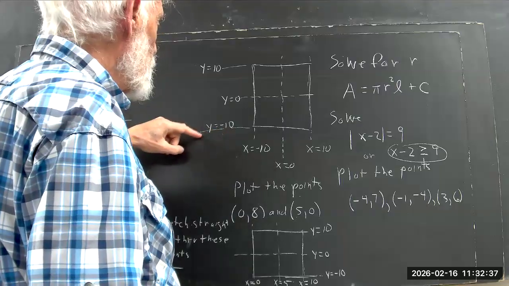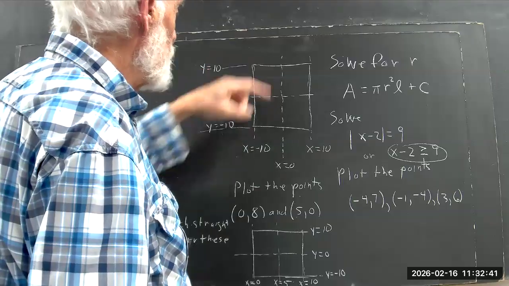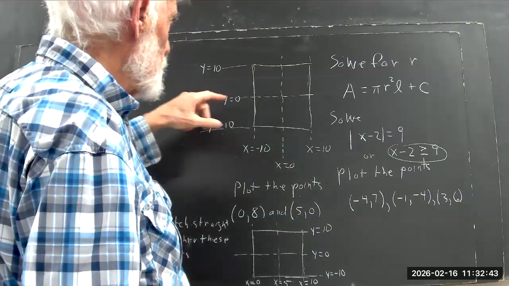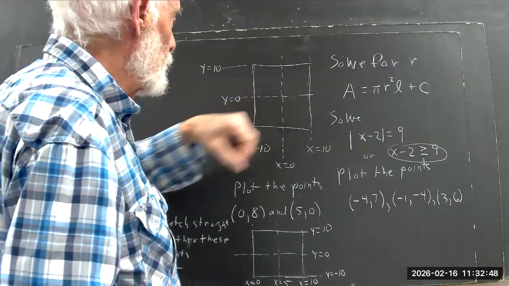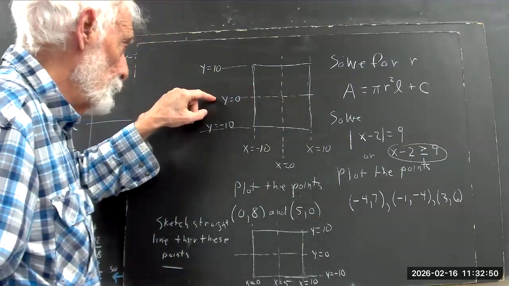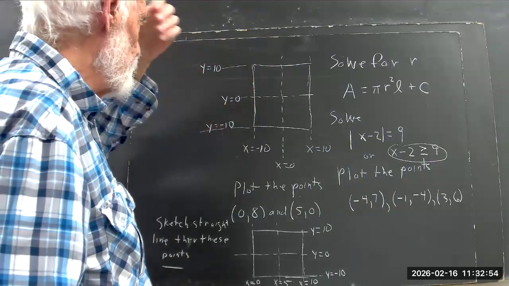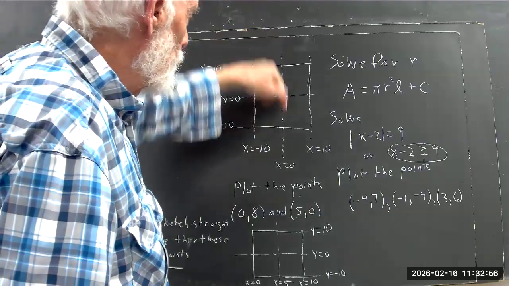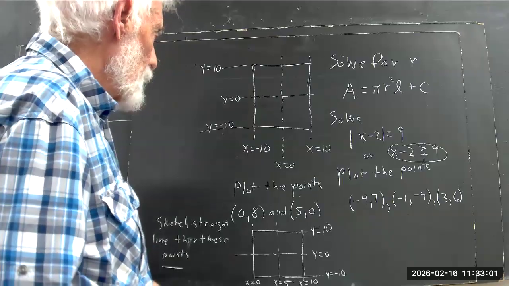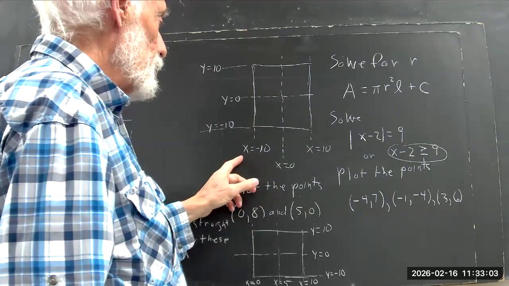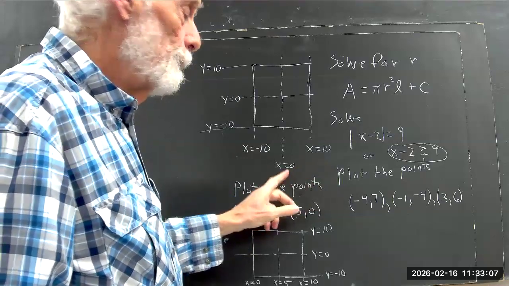So we have the line y equals -10 at the lower edge and the line y equals 10 at the upper edge. In the middle, the horizontal line goes through the middle. I've labeled it y equals 0 because 0 is exactly halfway between -10 and 10. And I've drawn a vertical line through the middle, and it's halfway between x equals -10 and x equals 10. That's at x equals 0.